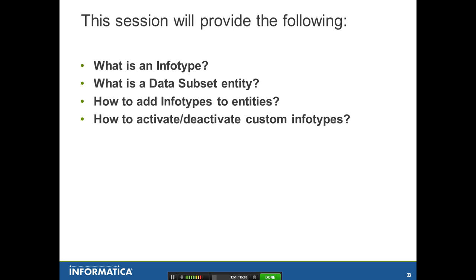Okay, then what is a data subset entity? Well, a data subset entity is a collection of logically related tables pertaining to a business object in SAP, and these logically related tables generally will have a foreign key relationship between those tables.